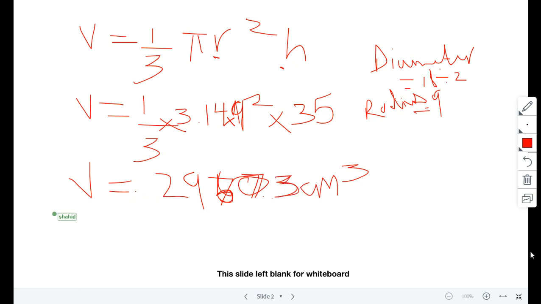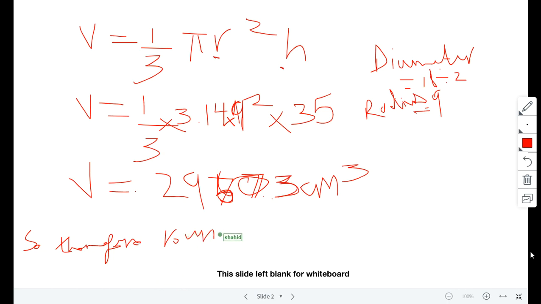And then I would write, therefore, rounded to the nearest 10 centimeters. Yes, you have to write, since in the question the answer should be to the nearest 10 centimeters cubed, the answer equals 2970 centimeters cubed.